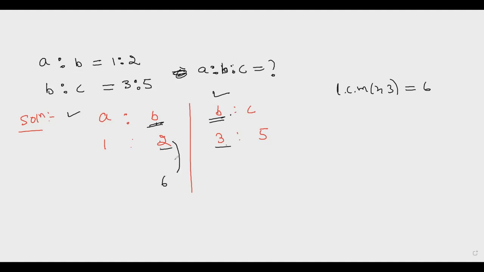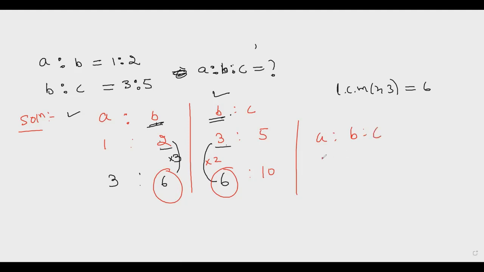See B says 6, what we have to do? Multiply by 3. So A will become how much? 3. Make this value as 6. So what number we have to multiply here? 2. Now the numbers are equal. So what is the ratio here? 3, 6, and 10. So this is method 1.